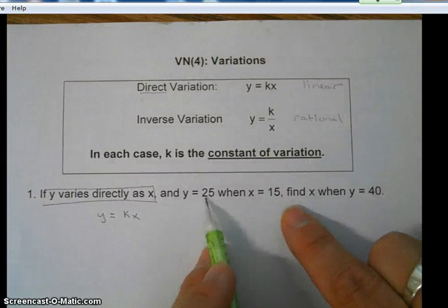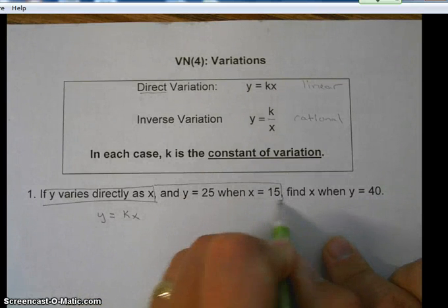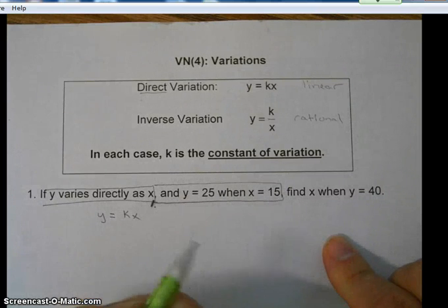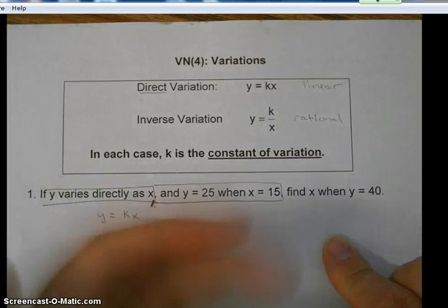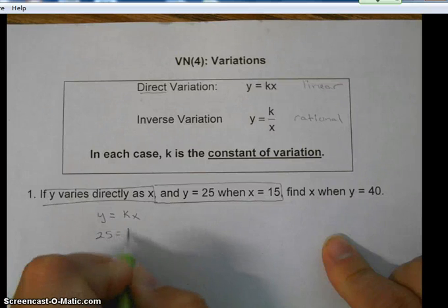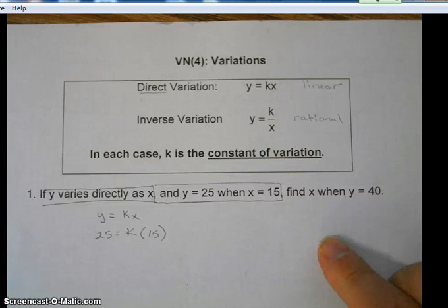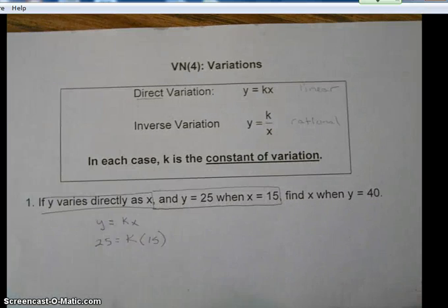They tell us that y is 25 and that x is equal to 15. Okay, so we're going to go ahead and substitute those in. 25 in for y, 15 goes in for x, and now, very simply, we solve for k.